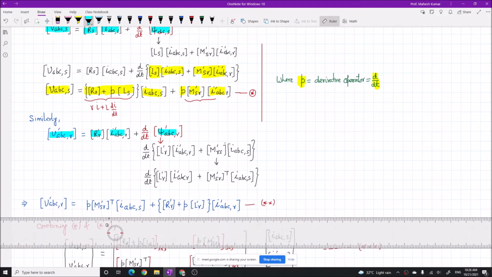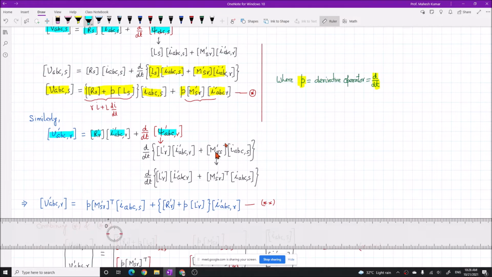One change is here: now we denote M_RS' equals M_SR' transpose. So M_RS' equals M_SR' transpose, and then the derivative of the whole term. If I substitute d/dt as P, then the first term is now I_ABC, because we want to make a consistent expression.